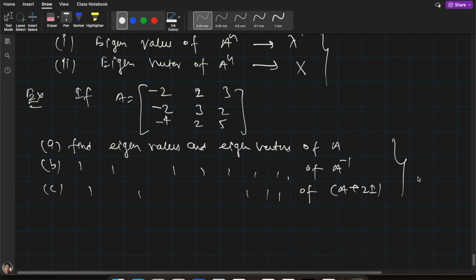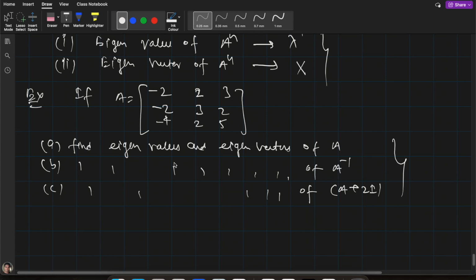Just tell me the idea. What is the idea behind this? In the case of A inverse, we are taking the scaling of the vector in the opposite direction.